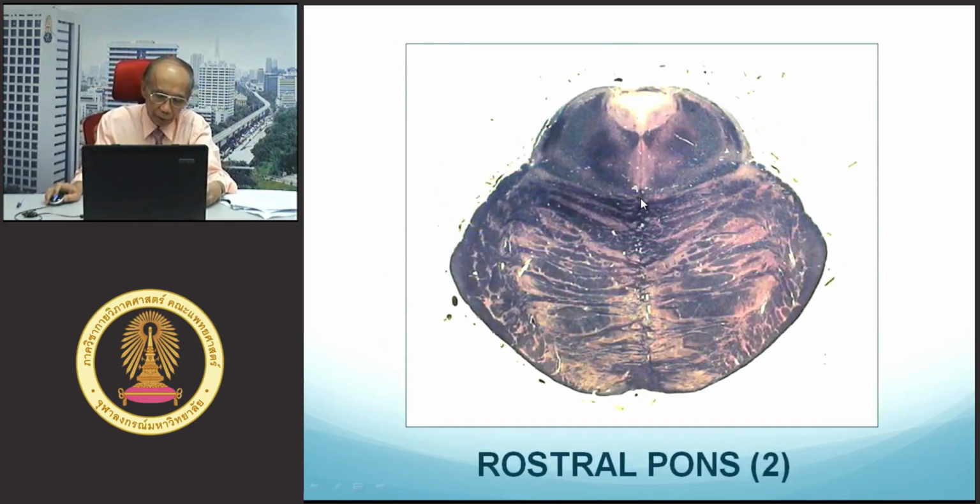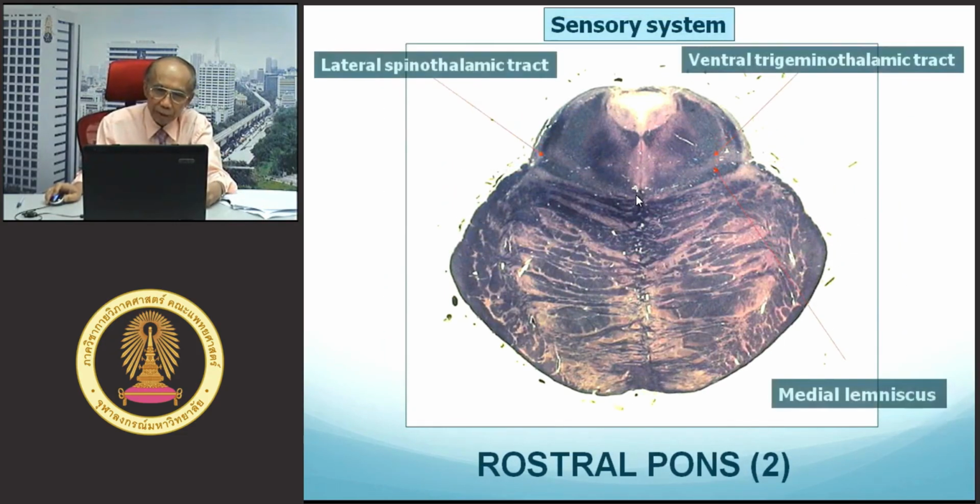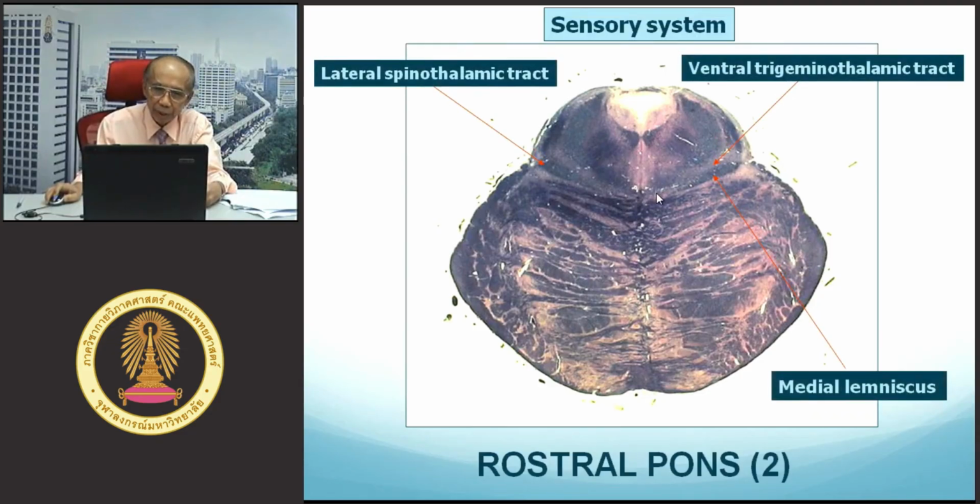Next, we go to the rostral pons number 2. Number 1, the sensory system includes lateral spinothalamic tract, medial lemniscus, and ventral trigeminothalamic tract.